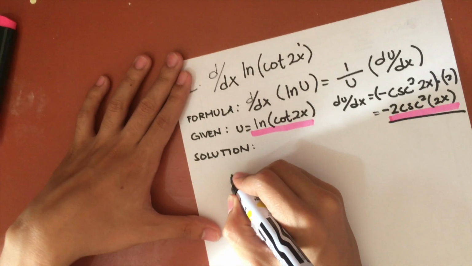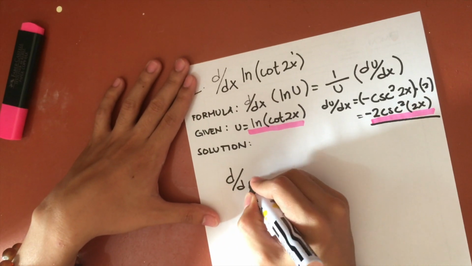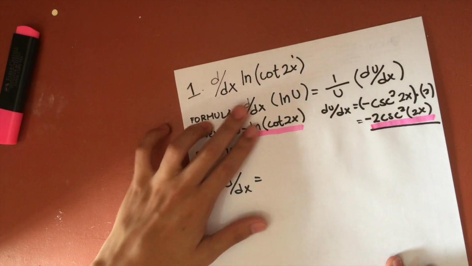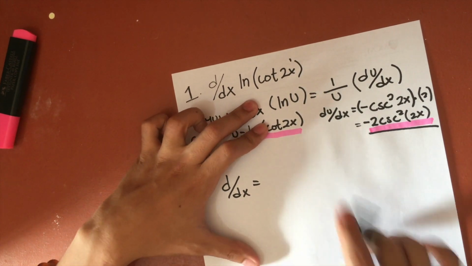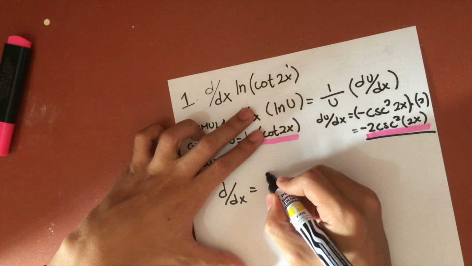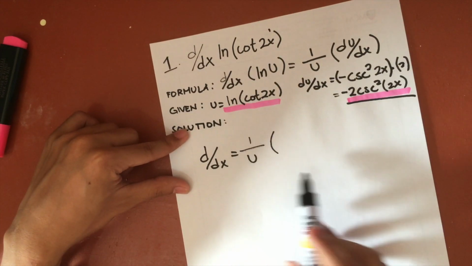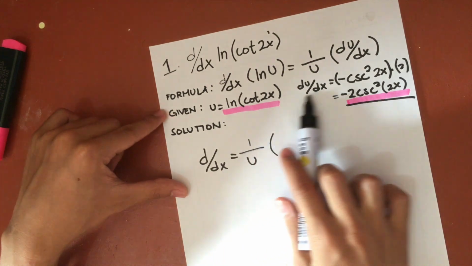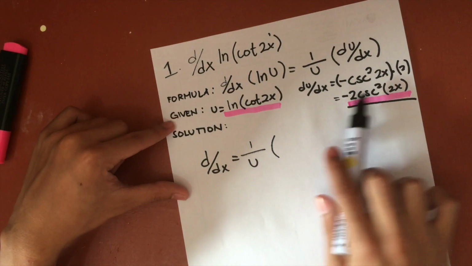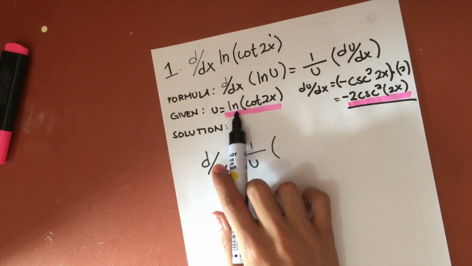Solution: d over dx is equals to, copy this, 1 over u, so that you have the guide so that you can easily substitute this given formula or the given problem.